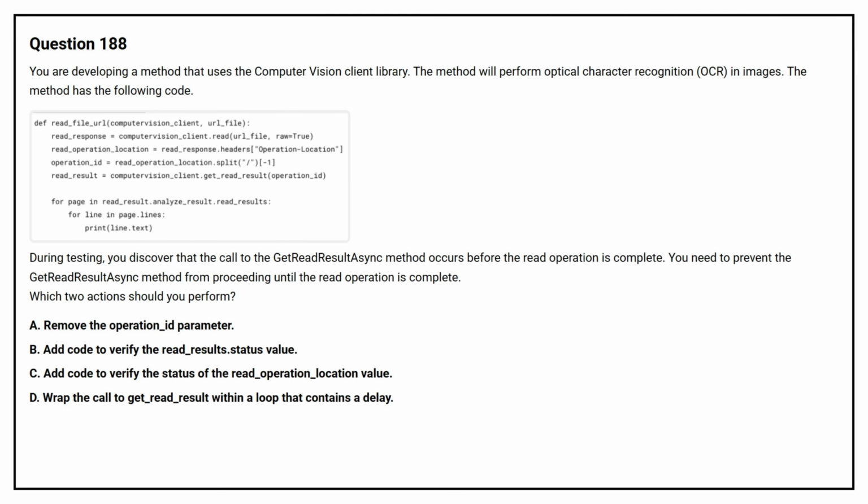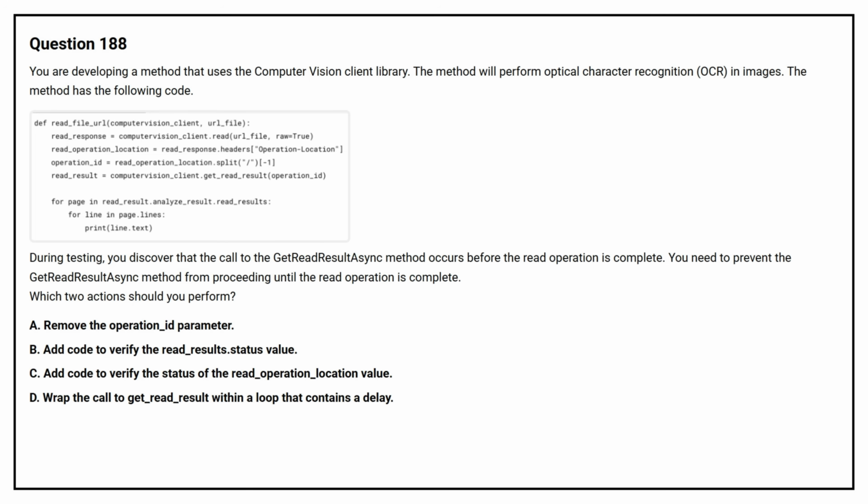Question number 188. You are developing a method that uses the computer vision client library. The method will perform optical character recognition (OCR) in images. The method has the following code.